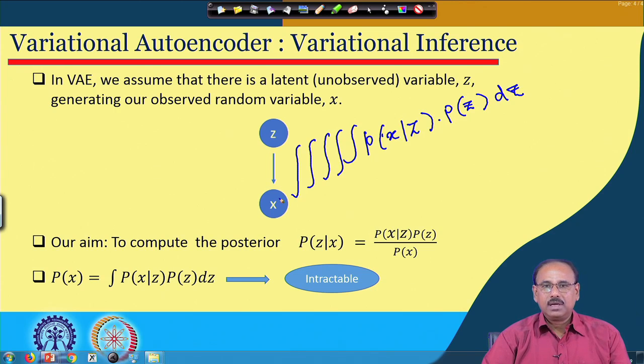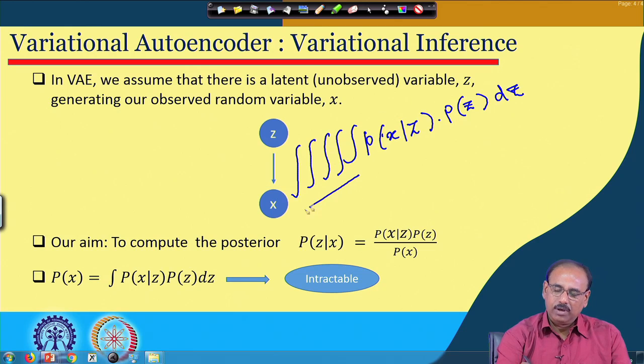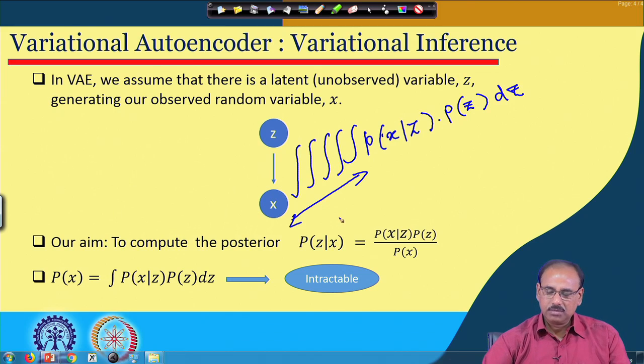So, if the dimensionality of the latent vector z is 100, then this integration will be over a 100-dimensional space, which is very, very difficult. So, that is the reason we say that this integral is intractable.